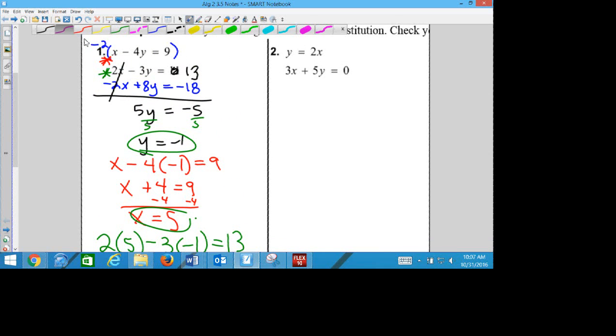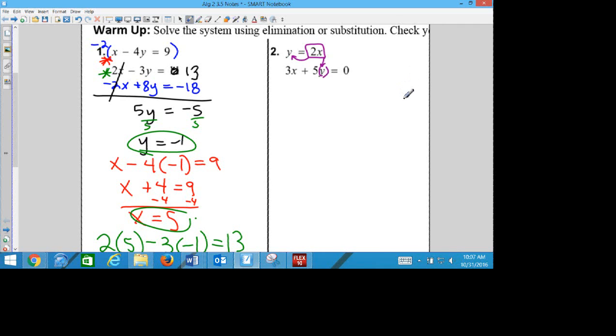We can also solve by substitution. And again, this is total review from Algebra 1, and we did this in Chapter 1 this year. So substitution is where you make one equation equal to one variable. You see it says y equals something. Whatever y equals, I substitute it in for y in the other equation.